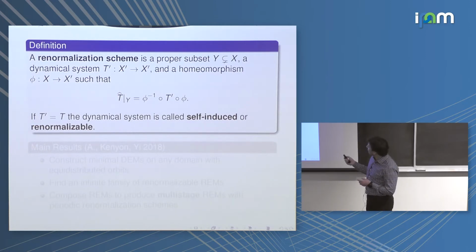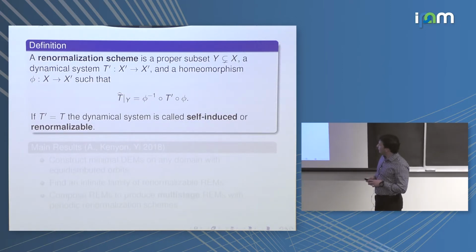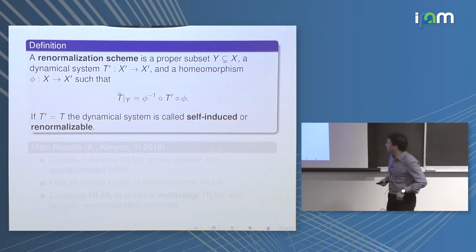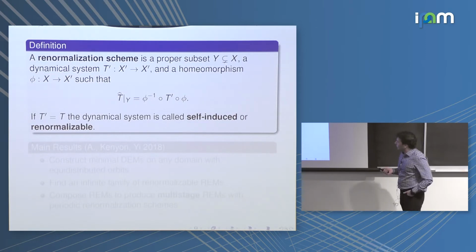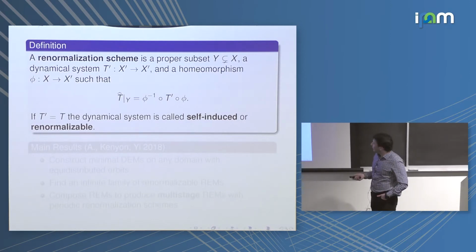So we fix a proper subset y of the domain, and the first return map to y will be conjugate by phi, where phi is some homeomorphism, to this other dynamical system T prime. So we can evaluate the first return map by taking a point, mapping it to this other domain X prime, applying one step of T prime, then mapping back to y.